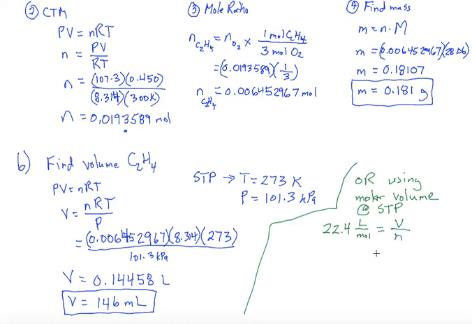So if I want to solve for volume, my volume would just equal 22.4 liters per mole times the number of moles that I have. So I would get 22.4 times 0.006452967.